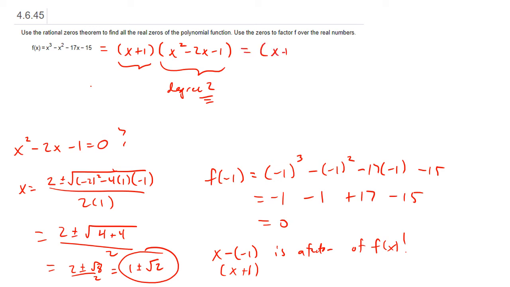This second term factors as x minus the first root, 1 plus root 2, and x minus the second root, 1 minus root 2. When we used the rational roots theorem, these two numbers were not in our list of possible roots. It doesn't mean they can't be roots, it just means they're not rational numbers. 1 plus root 2 and 1 minus root 2 cannot be expressed as one integer divided by another.